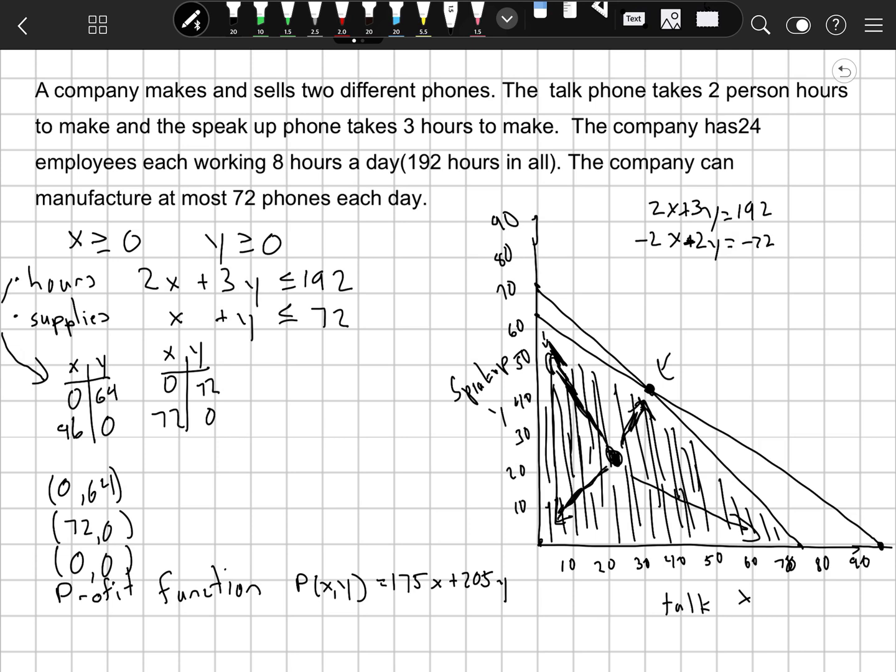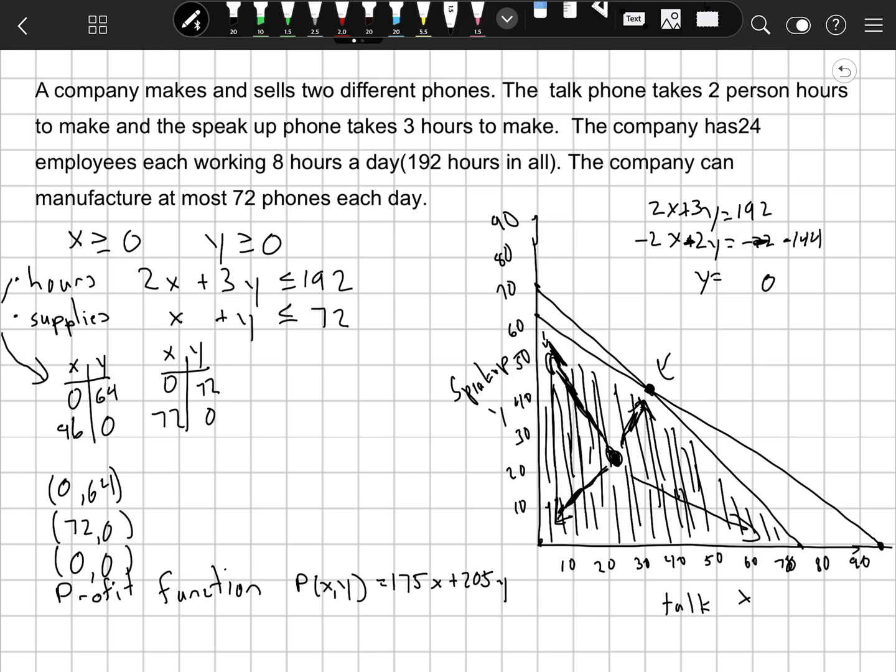And we add them together. I forgot to times that by 2, minus 144, I'm sorry.